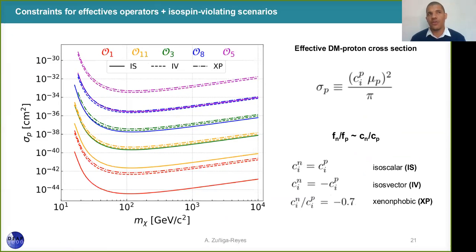And instead of using the coupling constant, we wanted to parameterize the result in terms of an effective dark matter proton cross section, because people are not familiar with this kind of plot. And yeah, we show that the strongest limit is produced by the O1 interaction, spin independent, followed by the 11, 3, 8, and 5 operators.